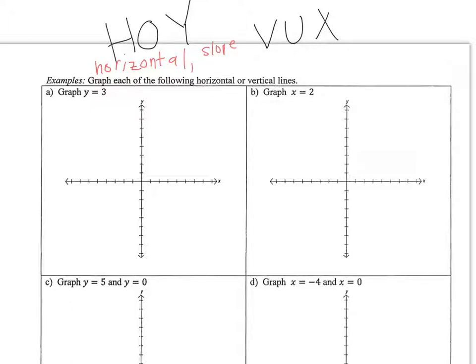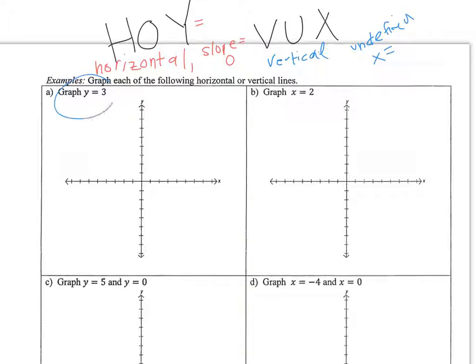That's what the O is. And the equation of the line is always y equals a number. Whereas VUX stands for a vertical line, which has a slope that's undefined, and it's x equals a number.